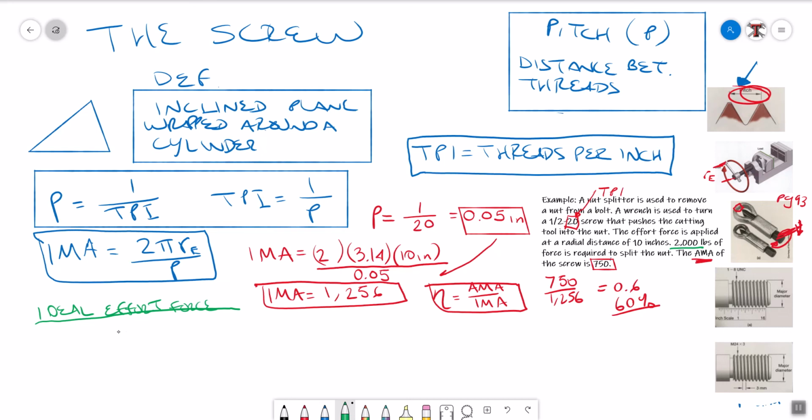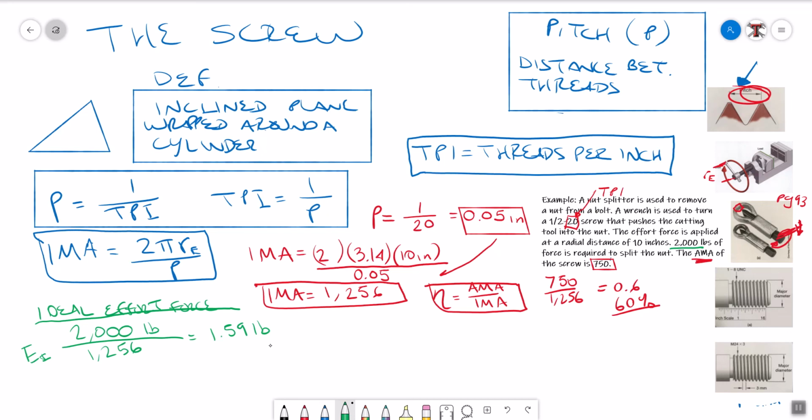So if I take 2,000 pounds, I'm not really going to have to lift or push or squeeze 2,000 pounds worth of effort. I'm going to reduce that by 1,256. So really the amount of effort that I'm going to have to put in, and this is the ideal one, as I just mentioned, is only 1.6 pounds. So when you go to turn it, you only have to put in 1.59 pounds worth of effort. That's ideal, right? So this is going to be effort, and that's going to be ideal on it.